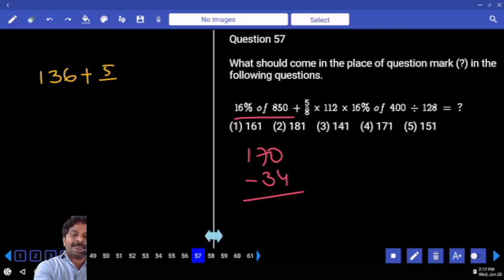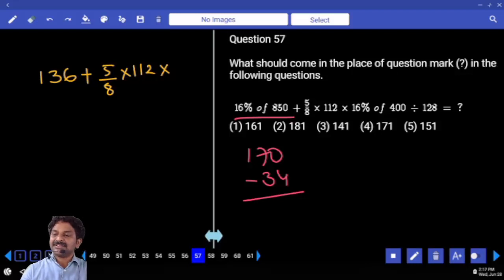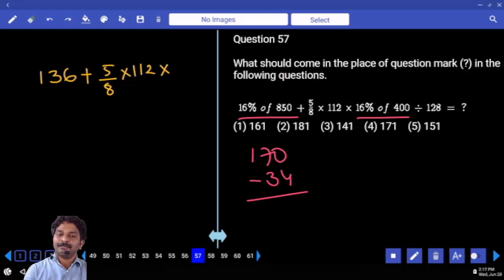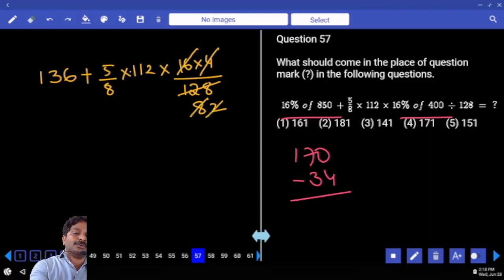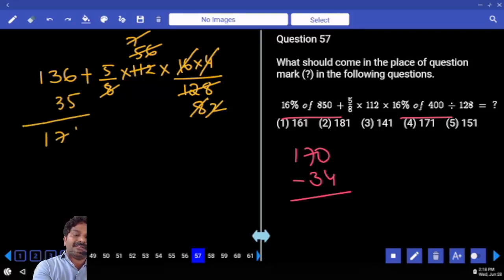Plus 5 by 8 into 112 into 16% in the sense 16 into 1% value, which can I write it as 16 into 4 divided by 128. Correct? 16 how many times? 8 times. 4 2 times. 2 56 times. 8. That means we need to add 35. 171.